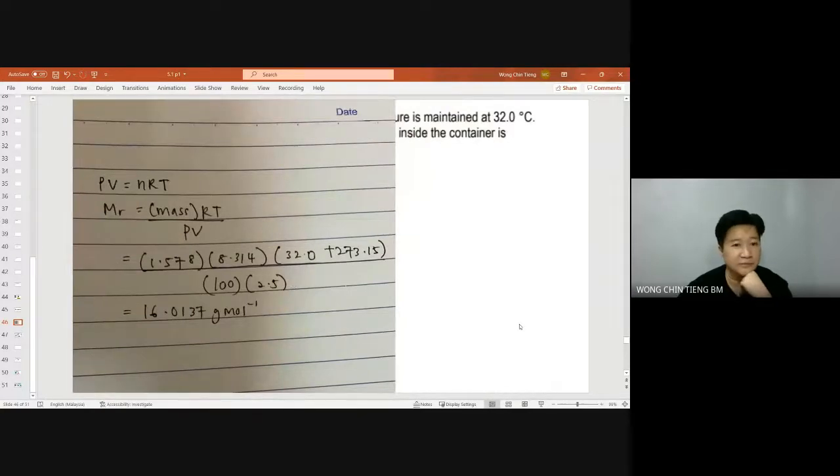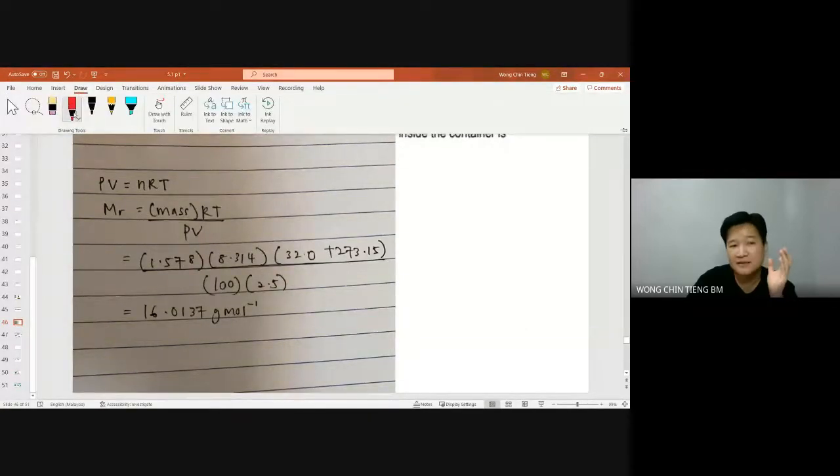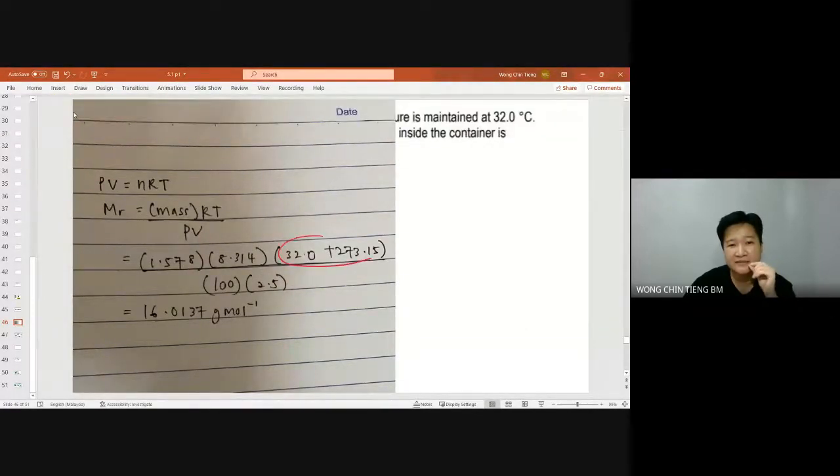Diana, nak tegur sikit boleh? Mestilah boleh kan, nak tegur siapa berani kata tak boleh. Alright, a bit lah Diana, just a bit. Saya tak sarankan this thing. Sebab tu saya tak pernah buat dalam calculation saya. Semua conversion unit buat di luar. Faham?